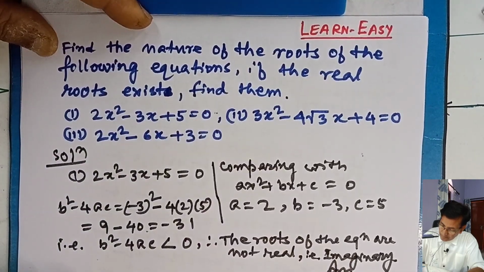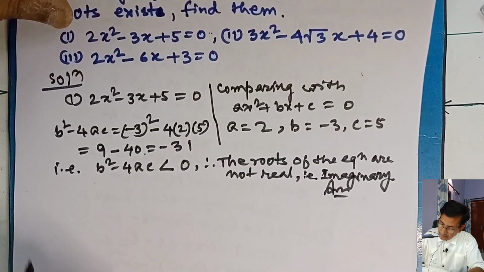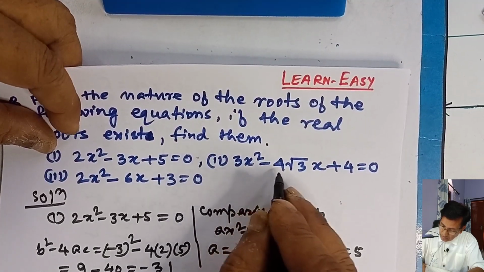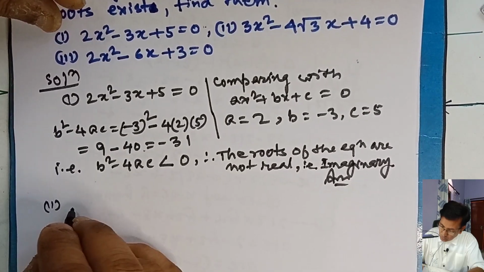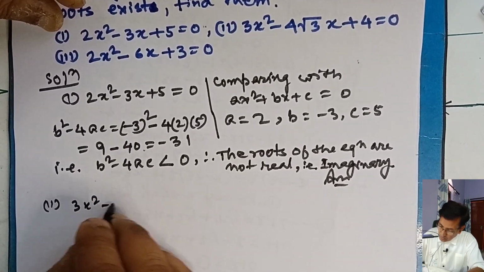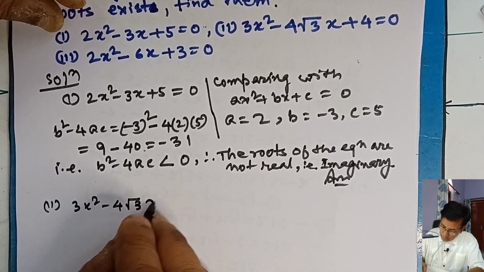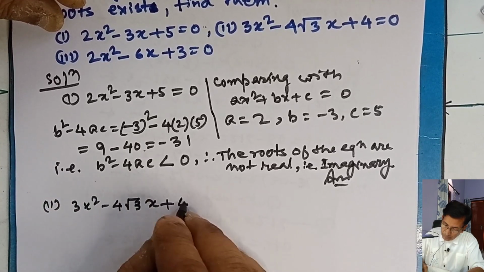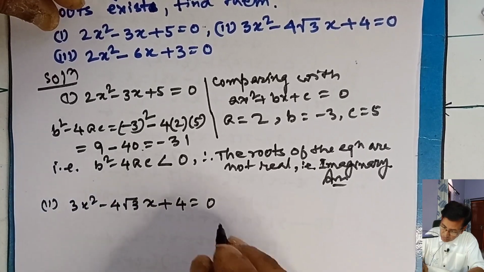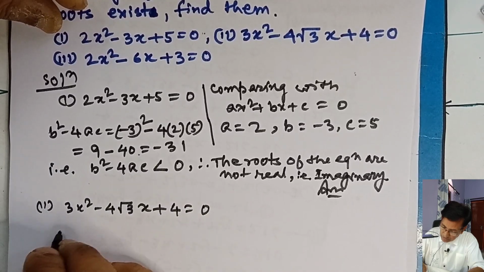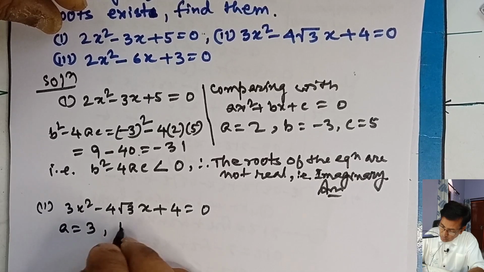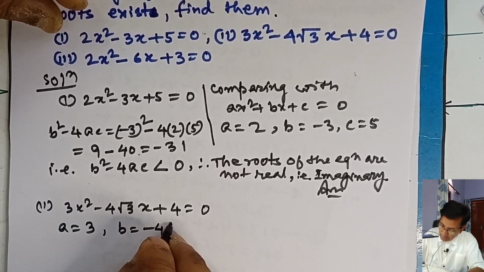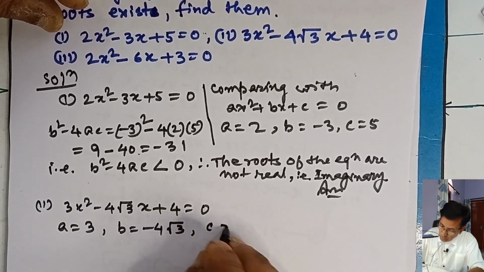Number 2, 3x square minus 4 root 3 x plus 4 is equal to 0. Here also a is equal to 3, b is equal to minus 4 root 3 and c is equal to 4.